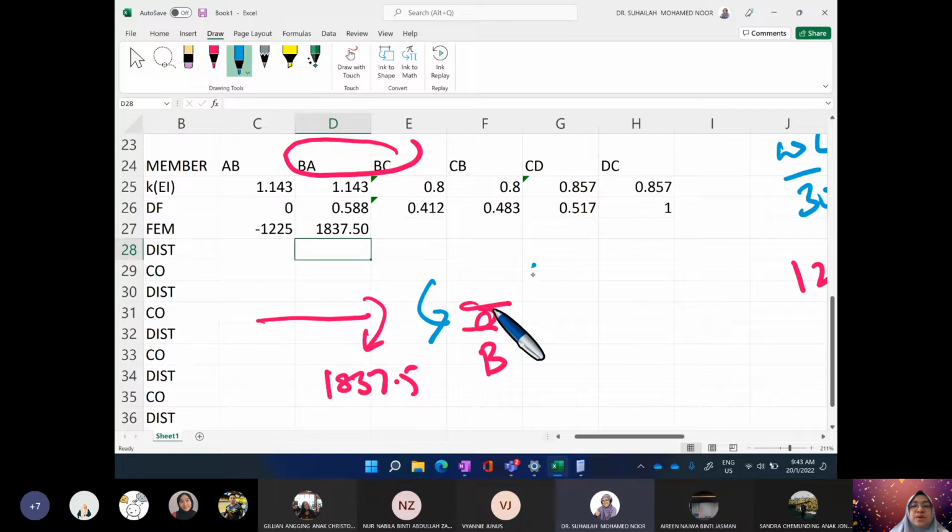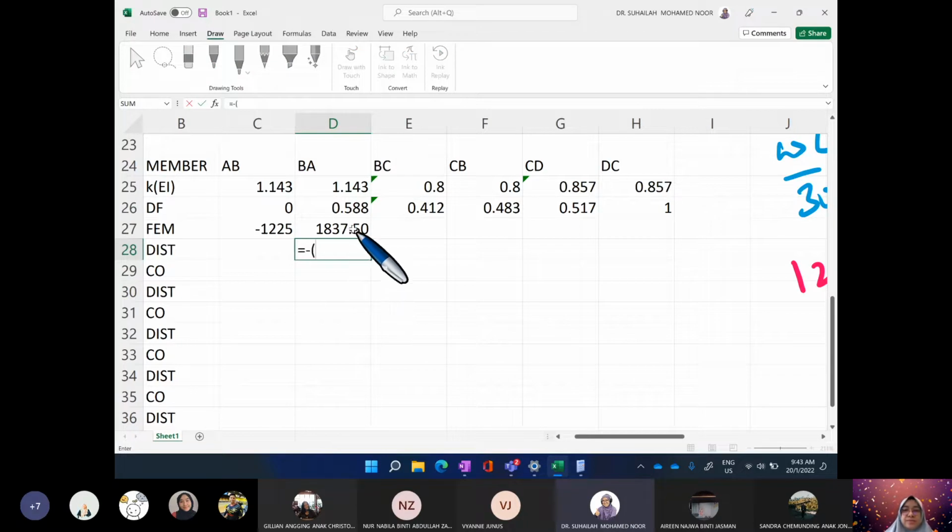So that is why we put negative. Total moment means this one plus this, times with the distribution factor. Okay, it is negative 1080.882.